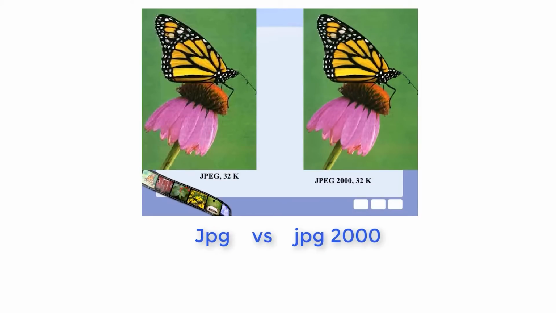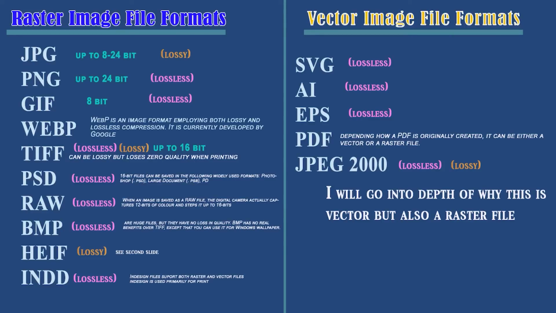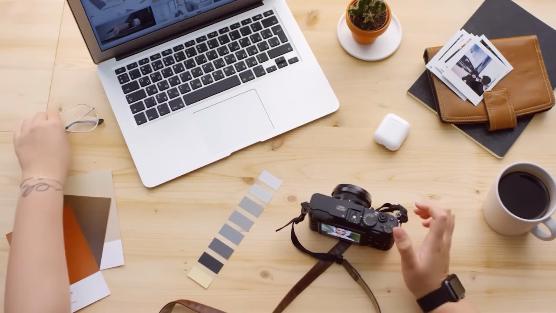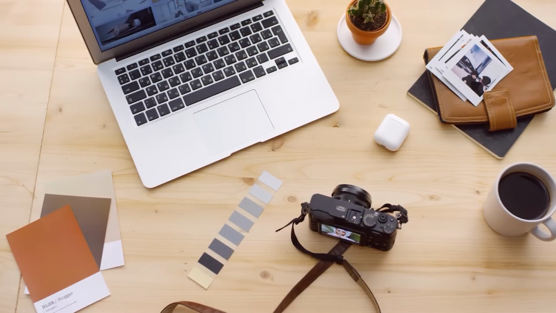A lot of people have heard of JPEG, but they haven't heard of JPEG 2000, or maybe you've seen it in Photoshop and wondered, what the heck is it? Well, JPEG 2000 was basically developed way ahead of its time when computers were only running about 64 gigabyte memory, and the larger file size of the JPEG 2000 just didn't seem economical for users because it was never widely adopted.